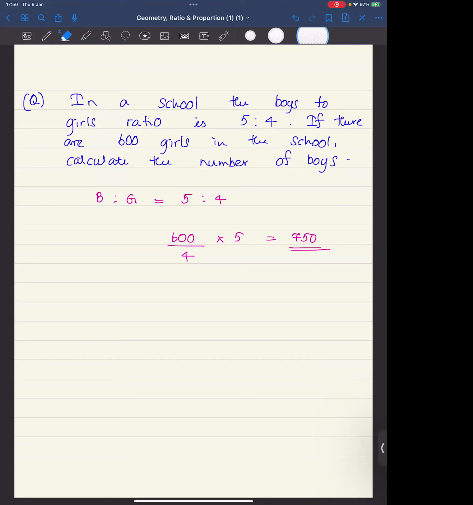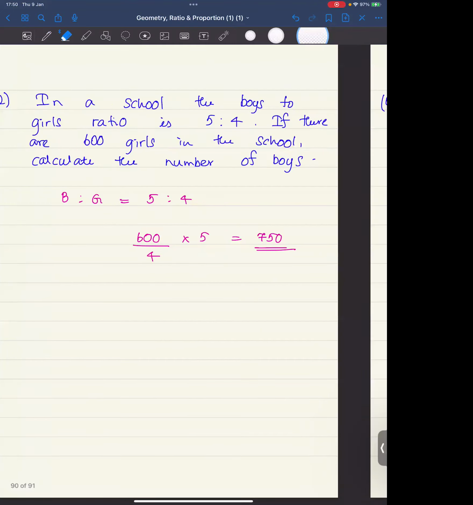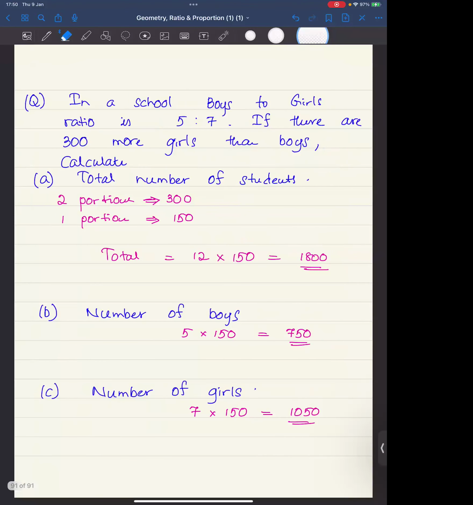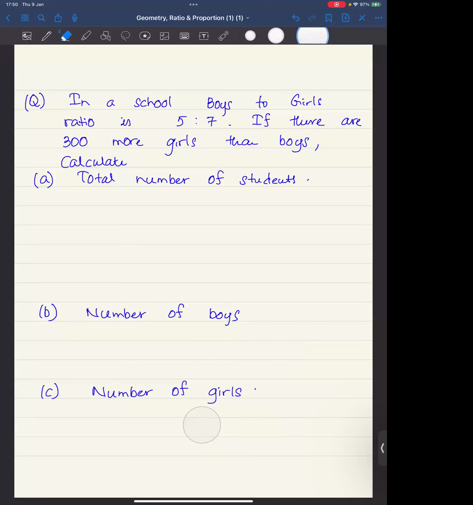Right, on to the next question. In a school, boys to girls ratio is 5:7.